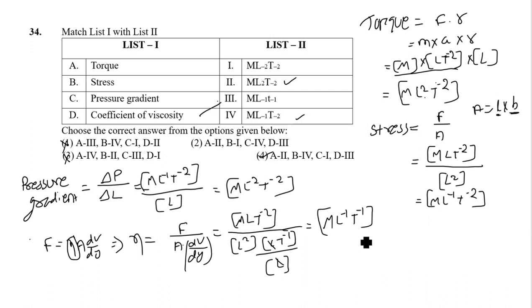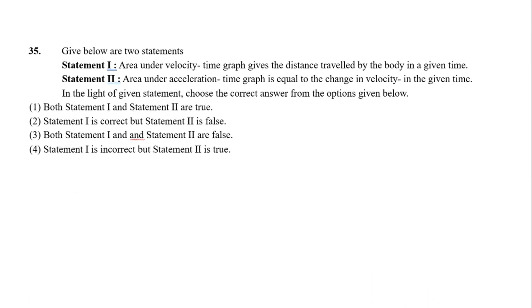Okay, next question. The statement is: area under the velocity time graph gives distance traveled by the body in a given time. Look here. Velocity is a vector quantity. So the area under this will give us displacement.